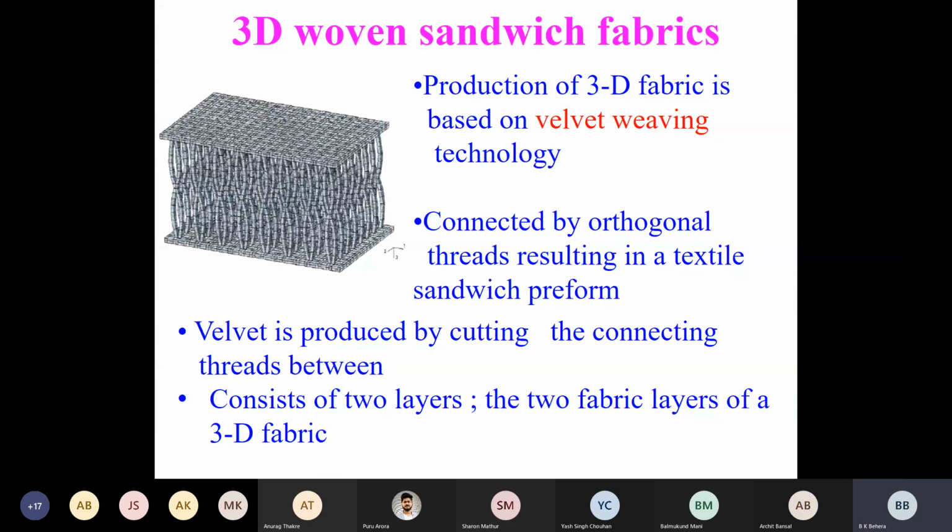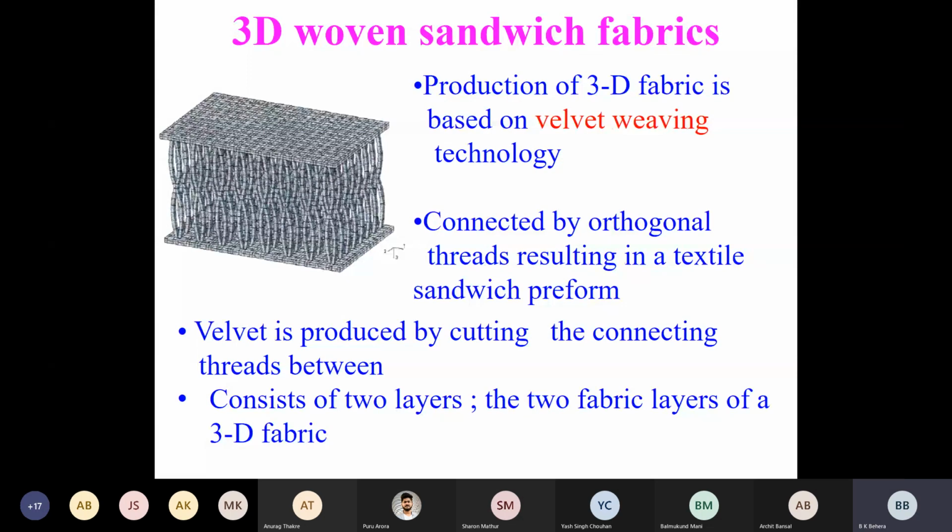So the point I want to explain here is that 3D weaving is nothing new. The figure which you see here is a velvet weaving. I will show you a subsequent diagram from where you can make out this is a velvet fabric, and it is also a 3D fabric because look at the thickness, the shape.